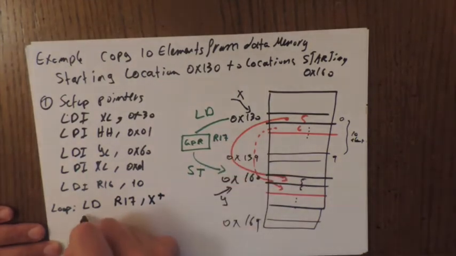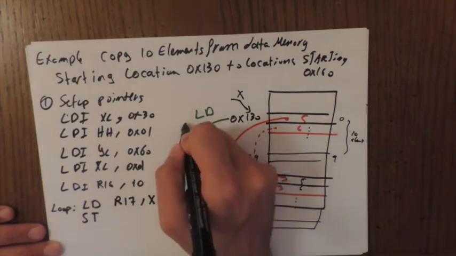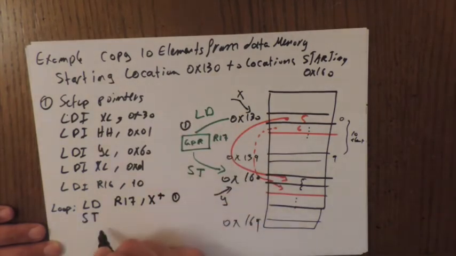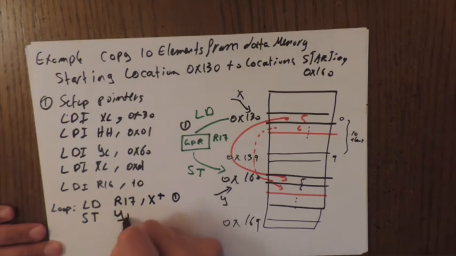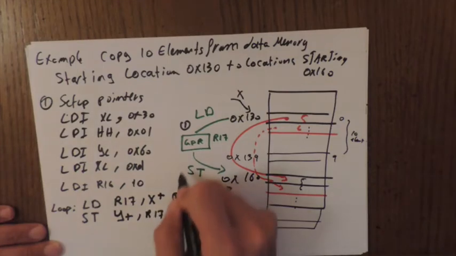We're gonna store it. Let's say this is 1. And then store the value of R17. We're gonna use post increment store also, ST Y plus, R17. And this is 2.